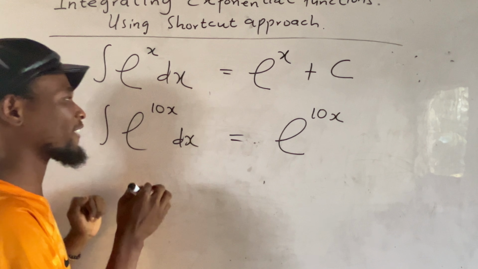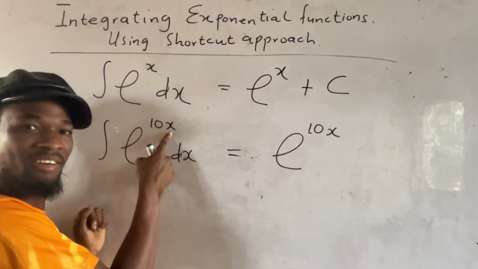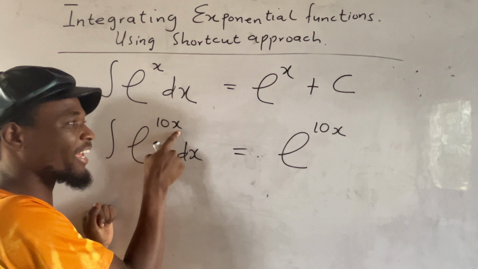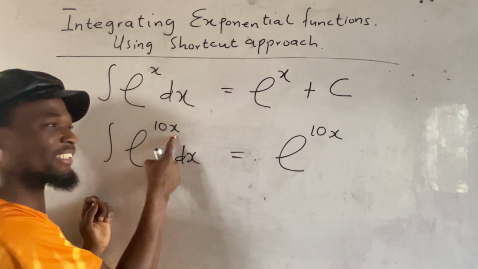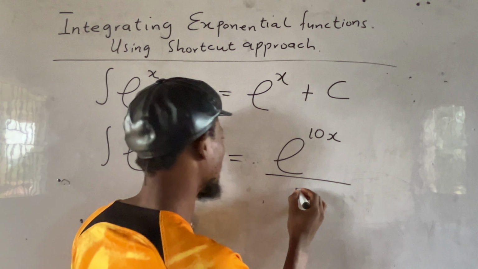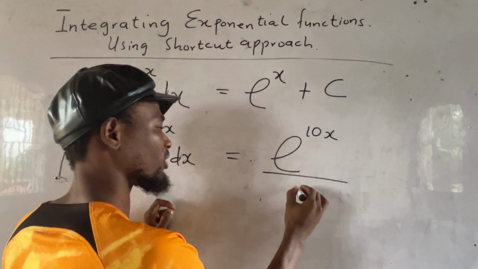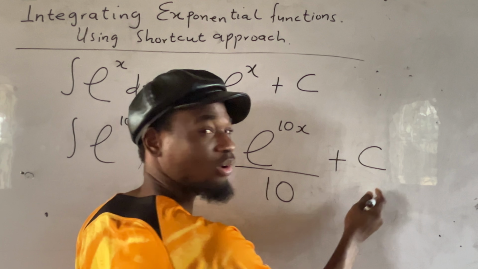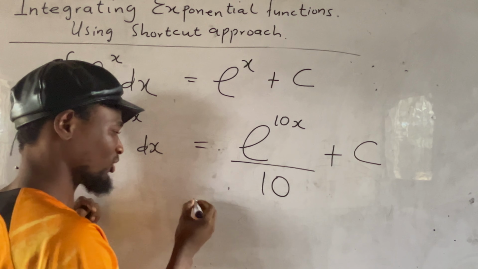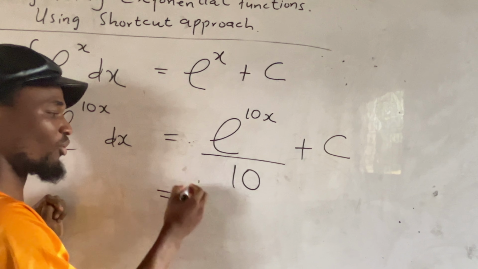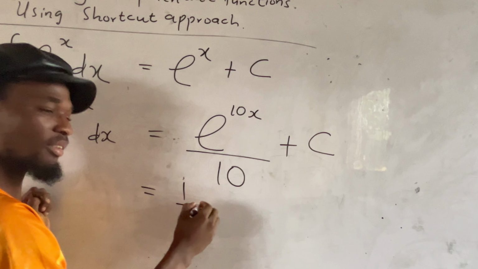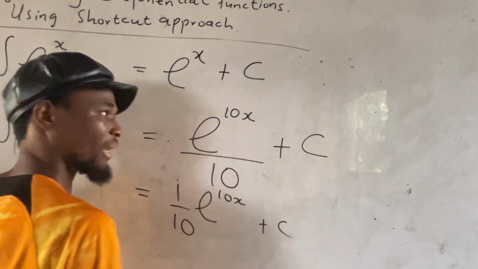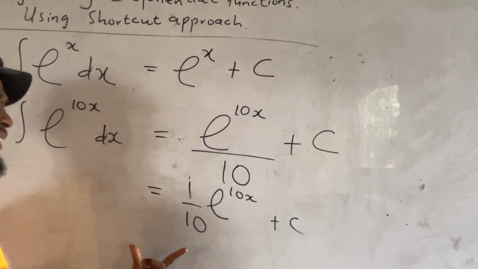Then the second step: when you differentiate 10x, you have 10. In other words, the coefficient of x is 10. So you divide by the coefficient, which is 10, plus your constant of integration. This is the same as 1 over 10 times exponential 10x plus c. Have you seen how simple it is?